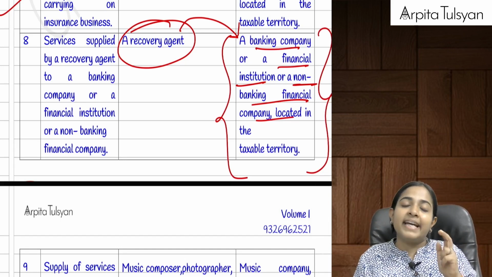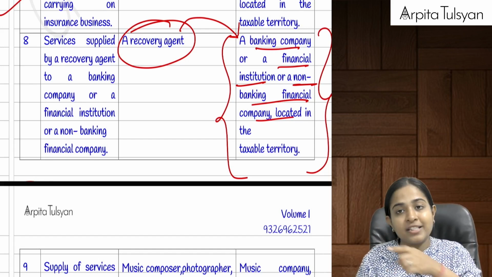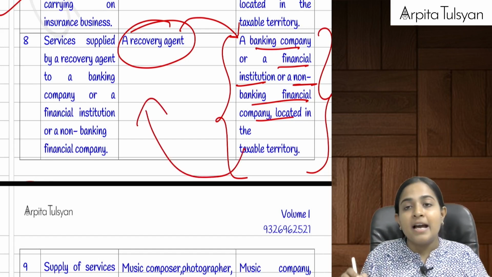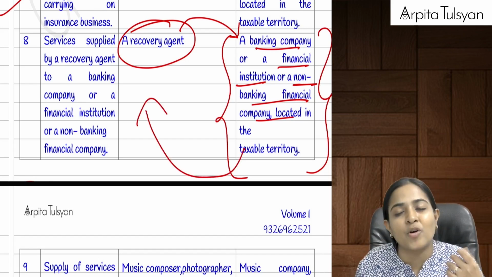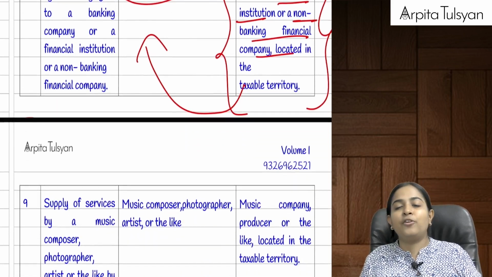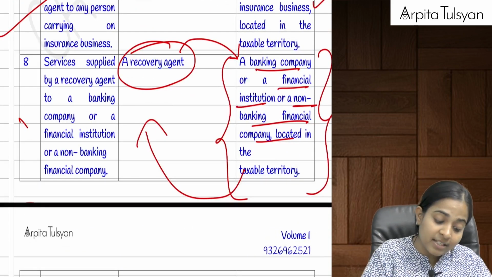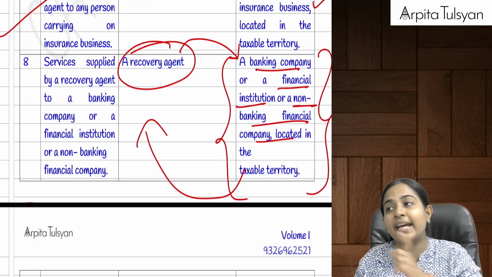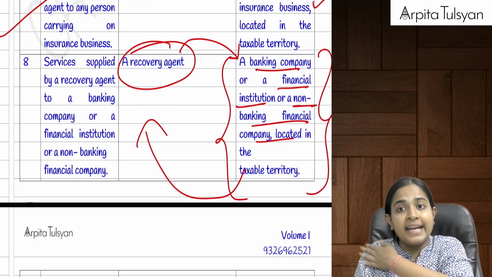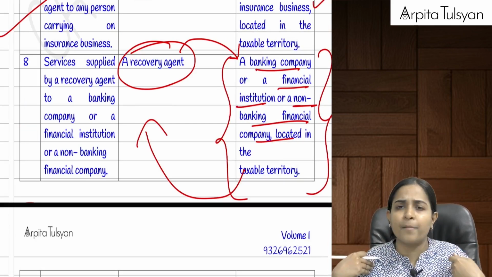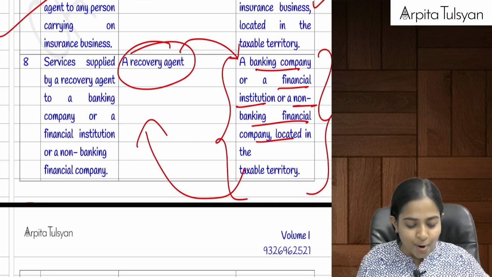Then in such cases, the recovery agent is going to get some commission or some compensation or some remuneration. Responsibility to pay the tax is on that bank, financial institution or the NBFC. On this, many times a question I've been asked: a recovery agent working for any individual person, a recovery agent working for me, reverse charge mechanism is not applicable.